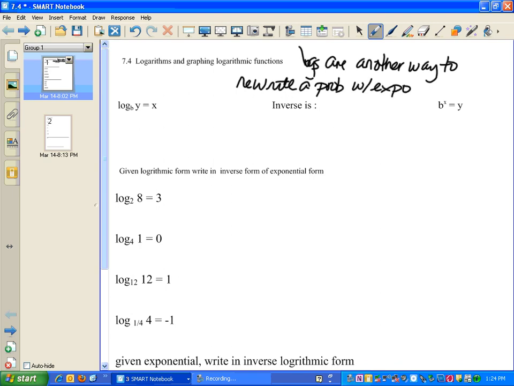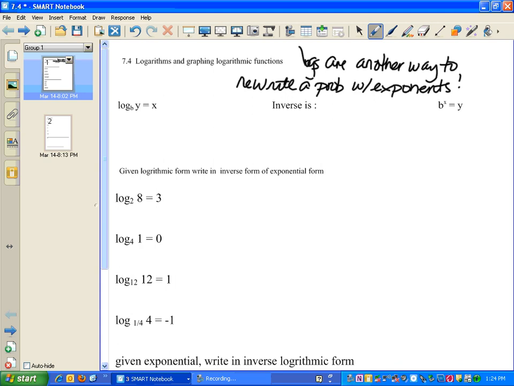So this is why you really need to know your rules for exponents. When do you add? When do you multiply? When do you subtract? Okay, so logs are another way to rewrite a problem with exponents. They are the inverses. Remember how we figured out inverses in the last chapter? Well, we're going to do inverses for exponential problems.